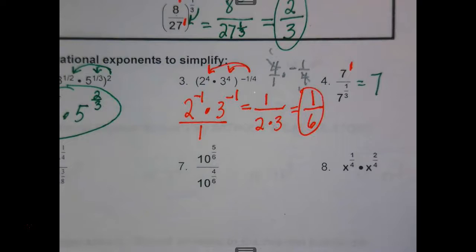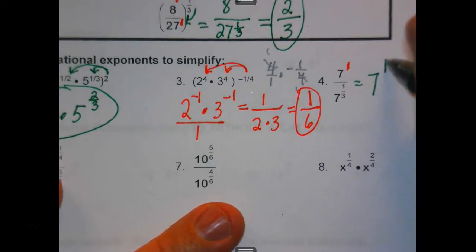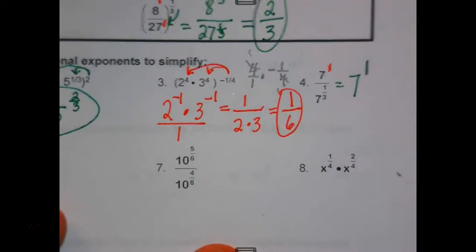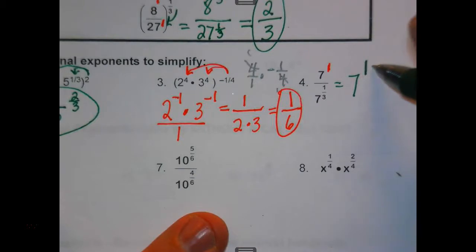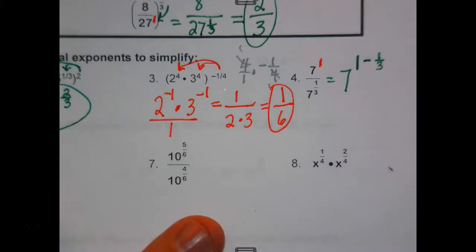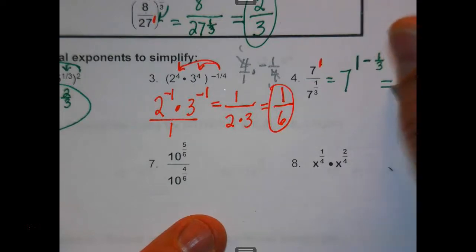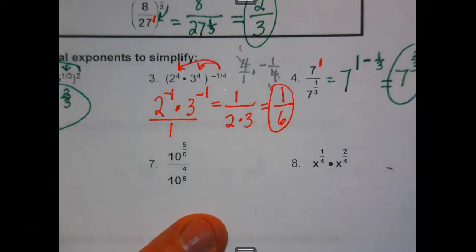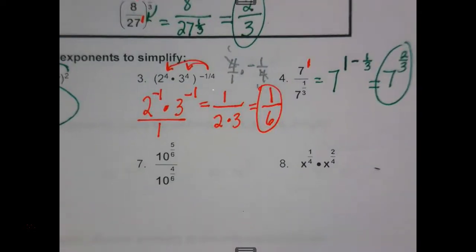What do we do with the exponents? Subtract them. Thank you. So I have one whole exponent there, and I have a third of an exponent. If I have the whole number 1 and I take 1/3 away, how many thirds do I have left? 2. You guys are on a roll now.